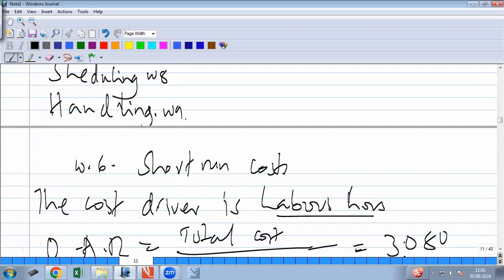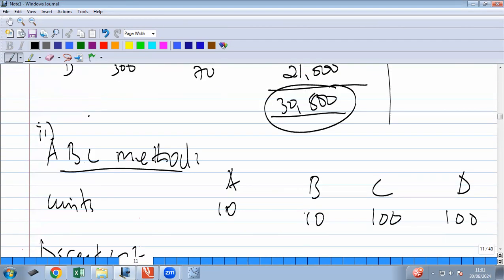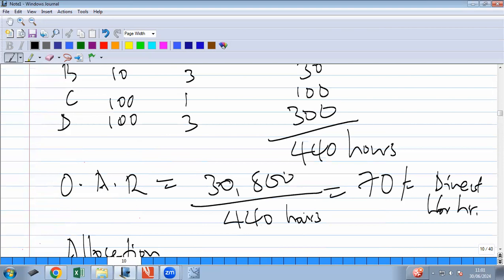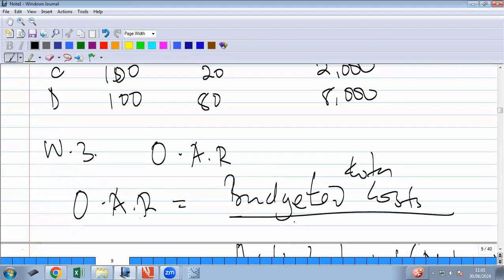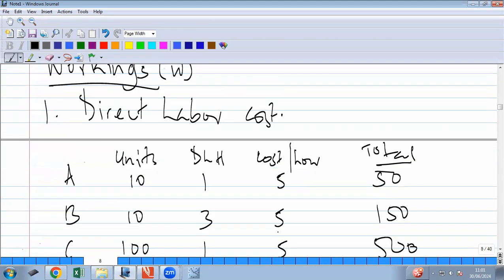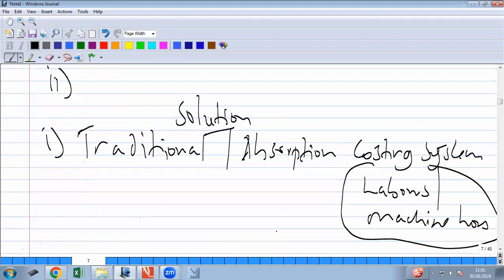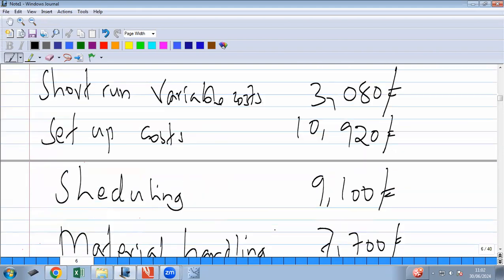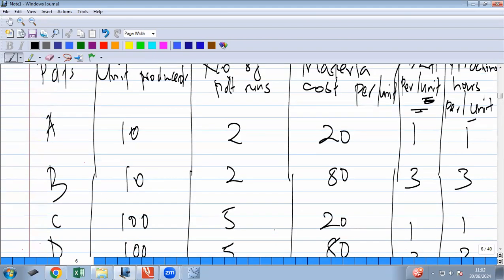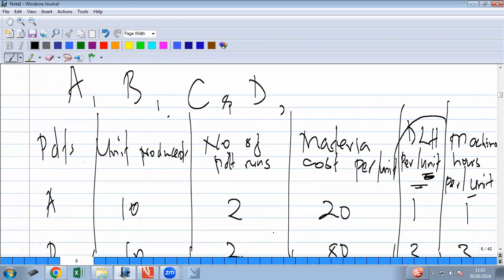Let's go back. So we have these number of production runs. Have they said per unit?